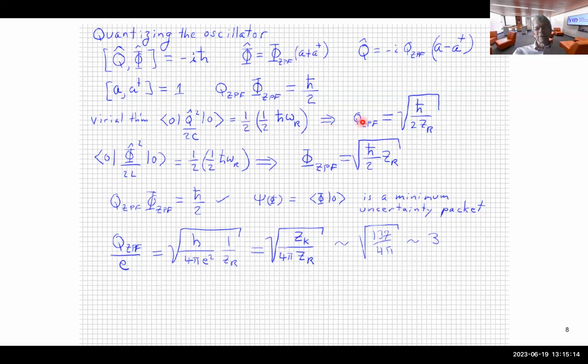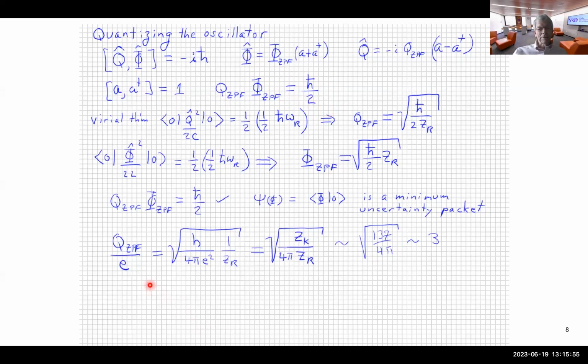That tells you that the uncertainty in the charge on the capacitor is this quantity, inversely proportional to the characteristic impedance of the resonator, and that the uncertainty in the position, the flux, is proportional to the square root of the characteristic impedance. So the ground state wave function psi as a function of the coordinate phi is a minimum uncertainty wave packet obeying this usual expression.